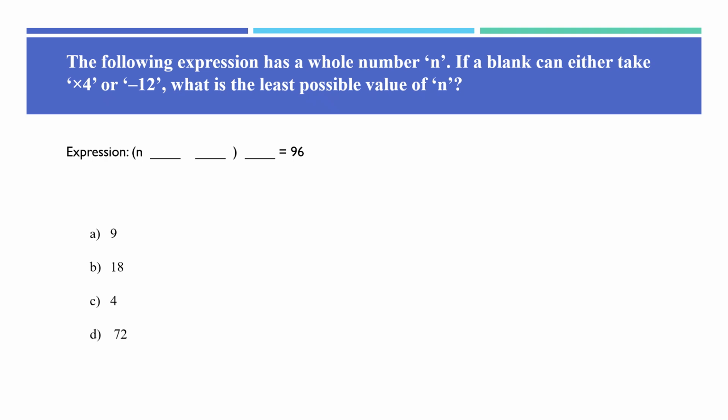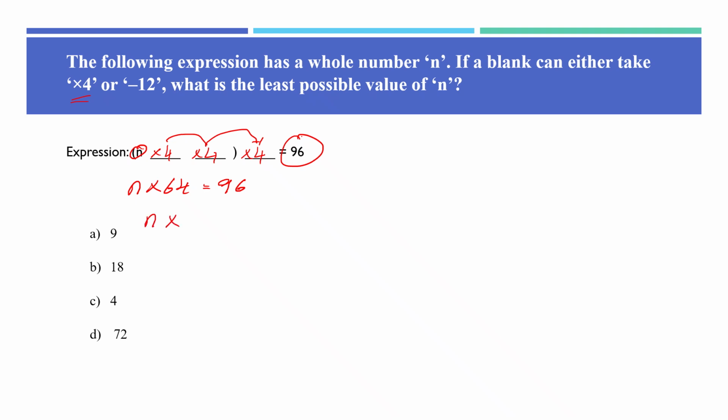Great. If the n value has to be the minimum value, let's multiply by 4 so that the number becomes maximum. In that case, n times 4 times 4 is 16, and 16 times 4 is 64, which equals 96.